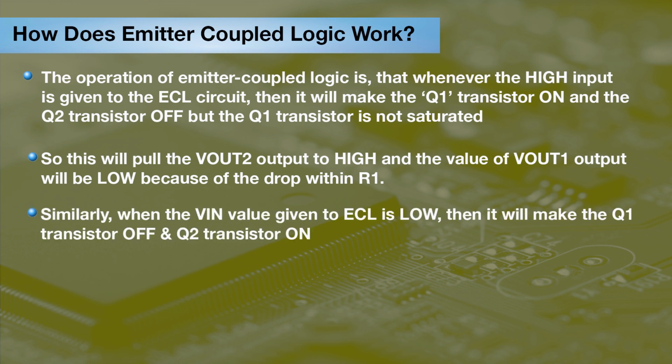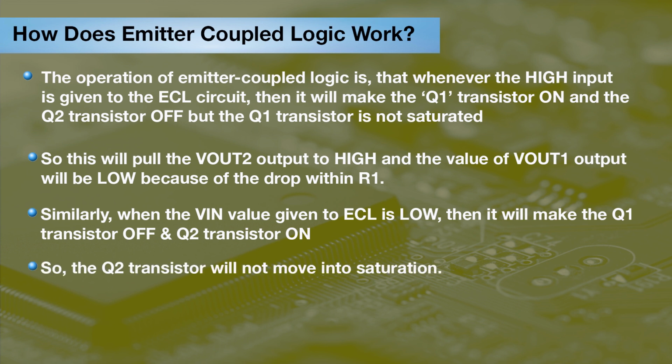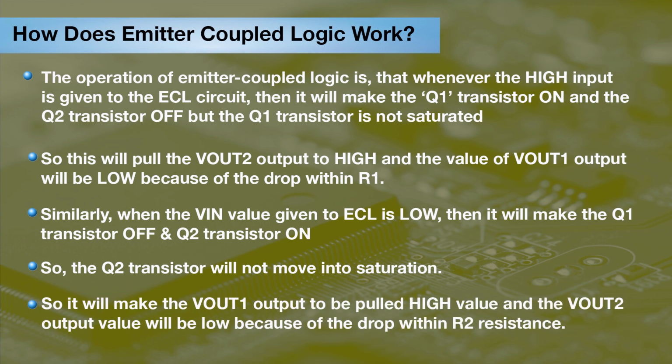Similarly, when the Vin value given to ECL is low, it will make the Q1 transistor off and the Q2 transistor on. The Q2 transistor will not move into saturation. So, it will make the Vout1 output pulled high and the Vout2 output low because of the drop across the R2 resistance.